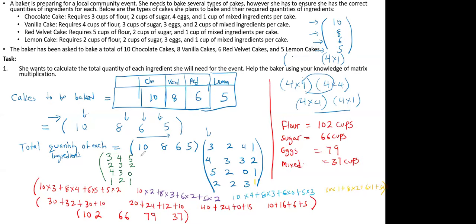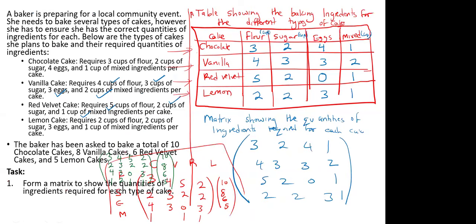Excuse me, teacher, I wanted to ask how do you know the arrangement of the matrix? How do you know that the number of cakes are going to be in rows and then the quantities are going to be in columns? Now, that's where we come with the question. You first read the question.